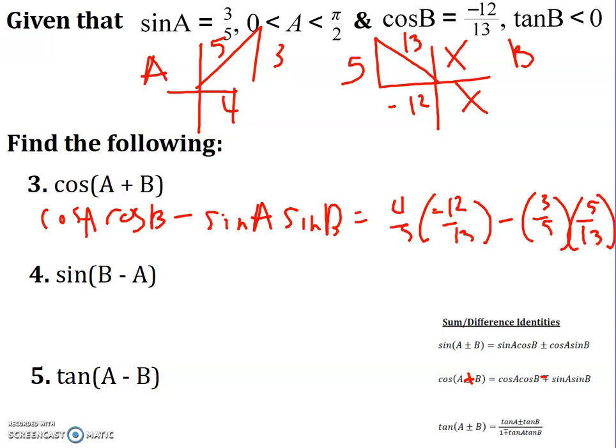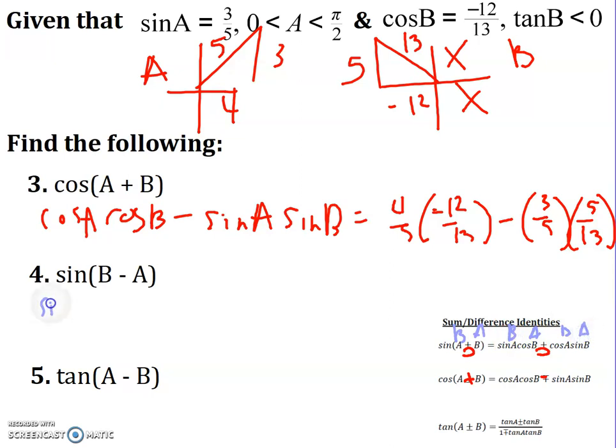Sine B minus A, okay? So, sine B minus A. So, minus is on the bottom. On the bottom here's a minus. And I need to be cognizant of, hey, that this is going to be a B minus A. So, everywhere there's an A, it's actually going to be a B. Okay.